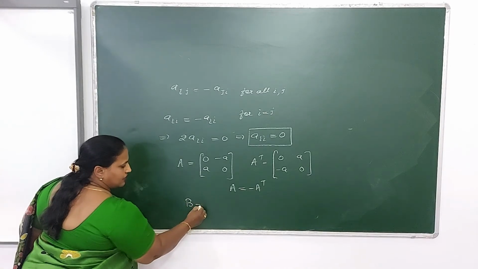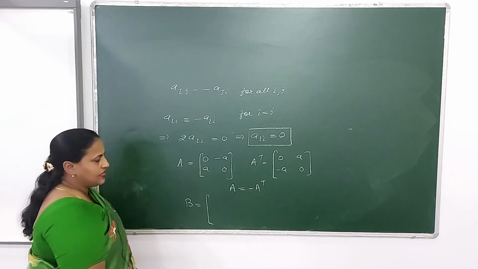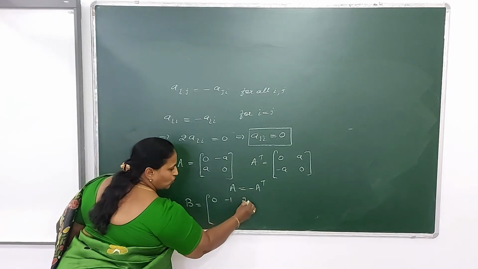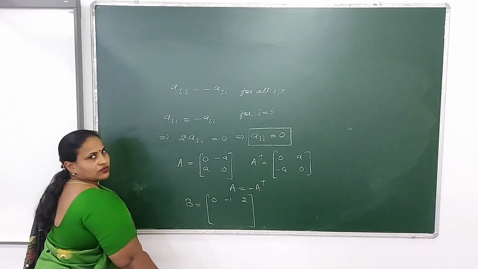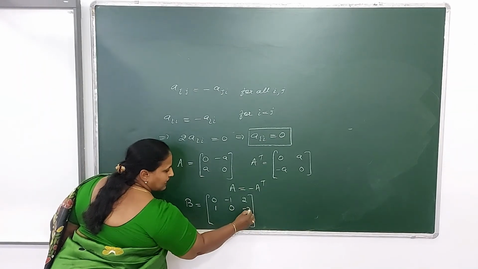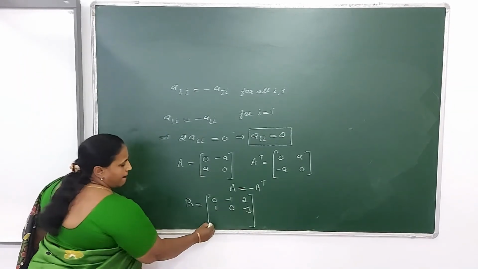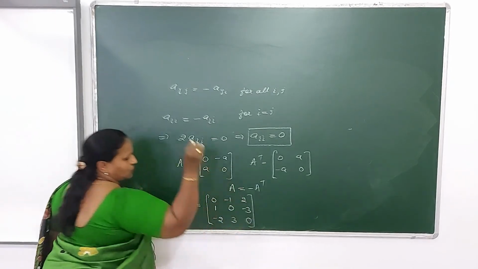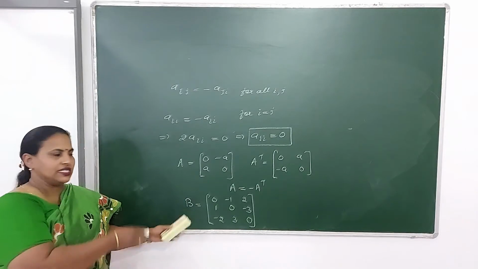Okay, let us take one more example. Let B be a matrix with elements 0, minus 1, 2; 1, 0, minus 3; minus 2, 3, 0. Now check this.